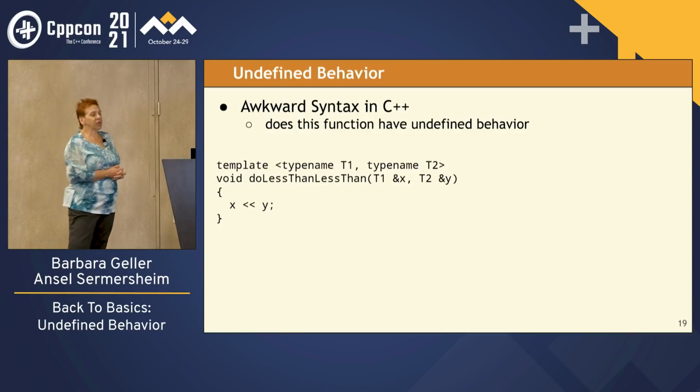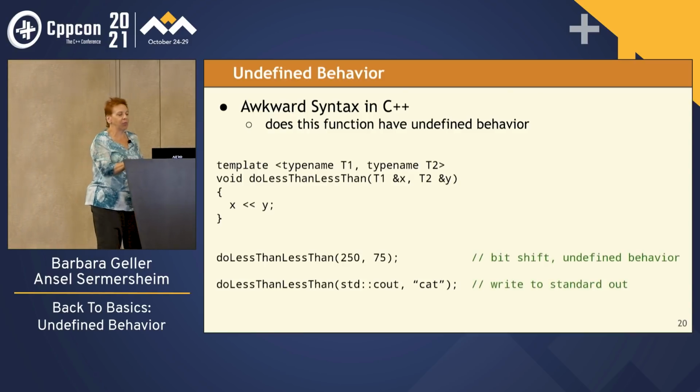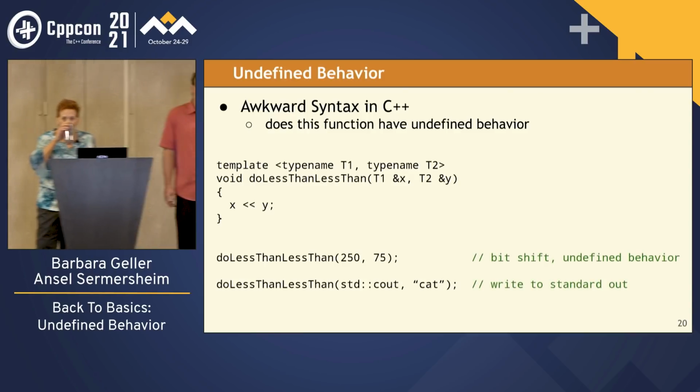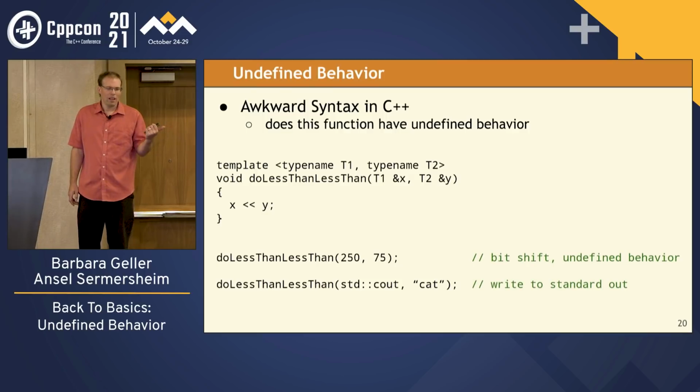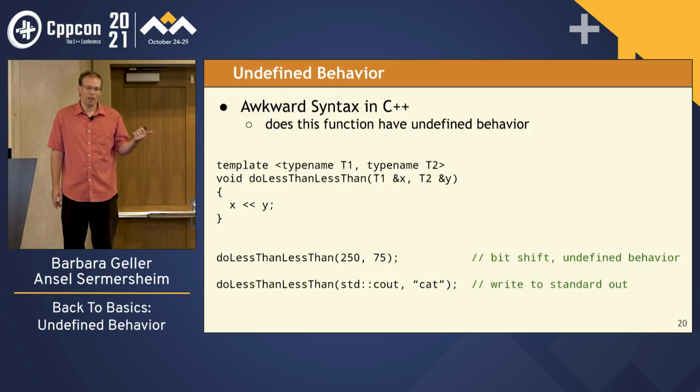So let's take a look at some examples of how we might instantiate this template. In the first example, this expands to a left shift by 75 of the number 250, which is indeed undefined behavior, because shifting left by a number larger than the width of an int on your platform will be undefined behavior.